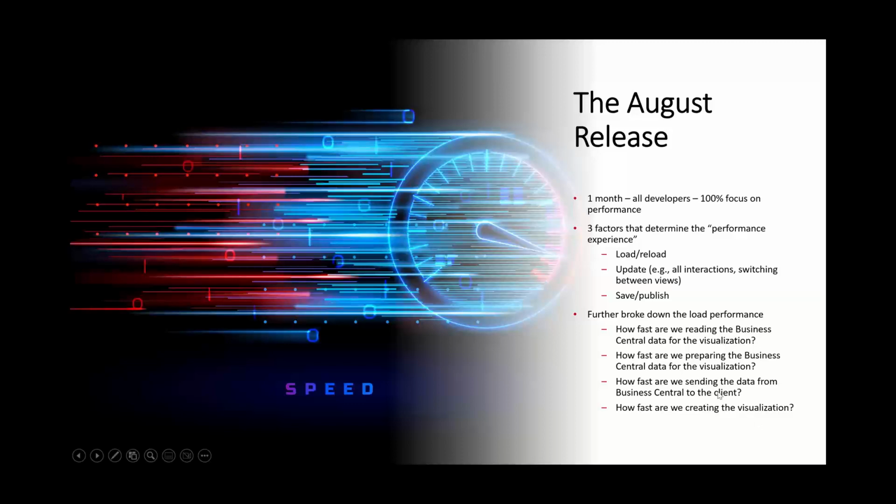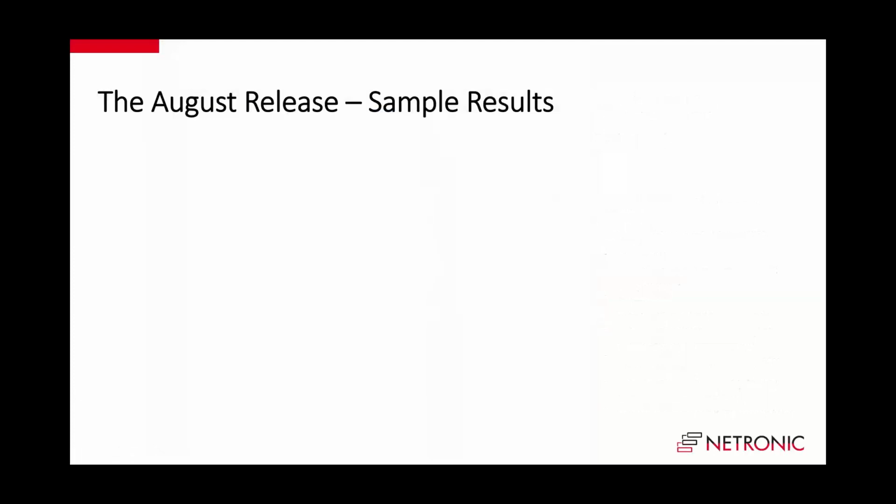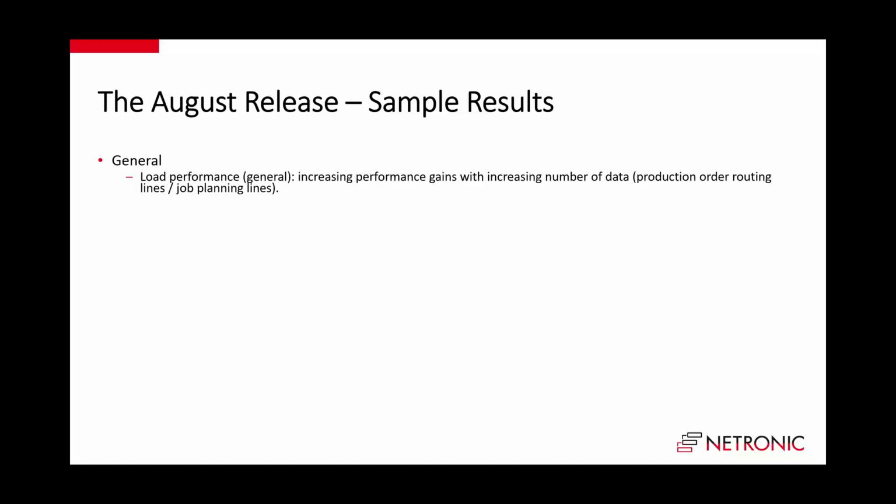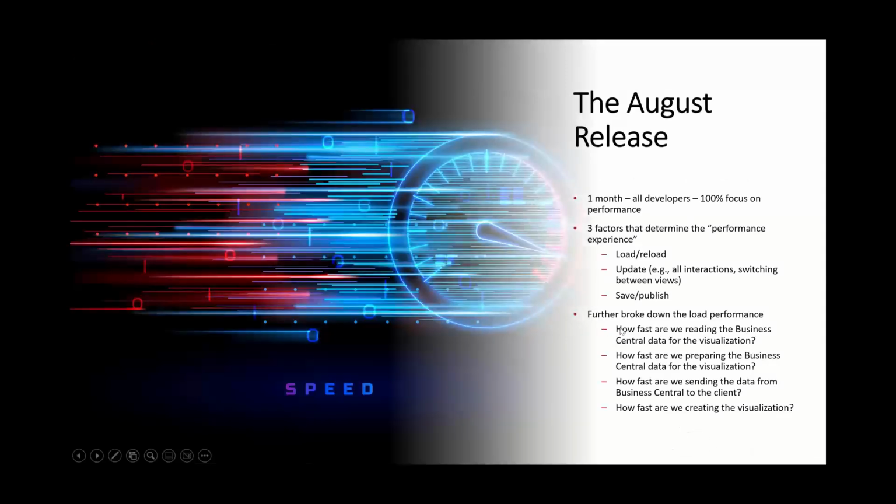We look into all of this, and I just wanted to share with you some results of the efforts, with all our Business Central developers at almost 100% focus on performance for almost 1 month. In general, we found some areas, especially in how fast we are reading the Business Central data for visualization.